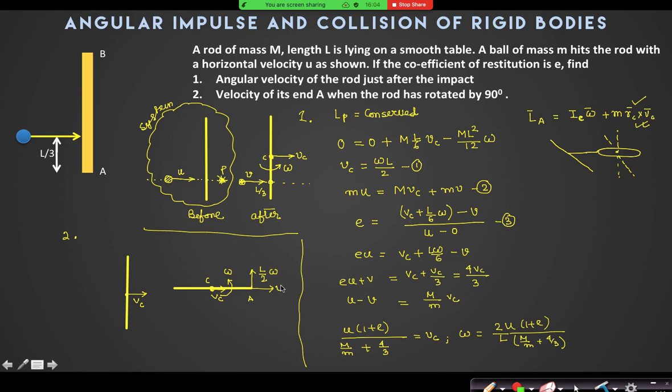So what is the velocity of A with respect to ground? It is the vector addition of Vc and L omega by 2. And L omega by 2 is nothing but Vc. So this answer is root 2 Vc. Velocity of A after it has rotated by 90 degrees is root 2 Vc.